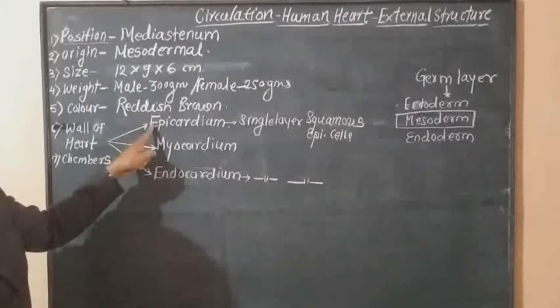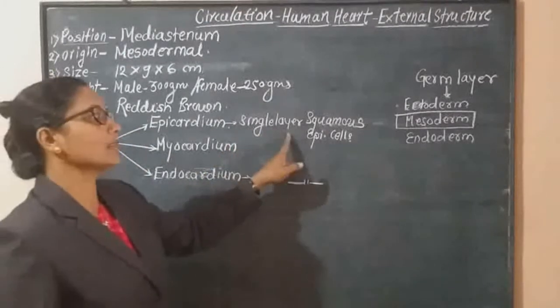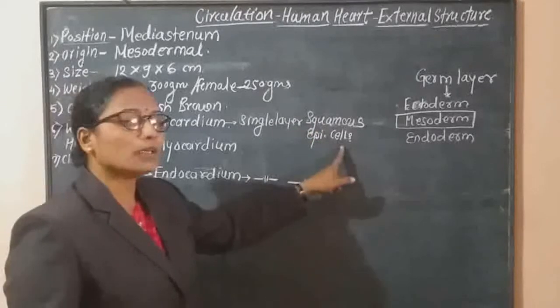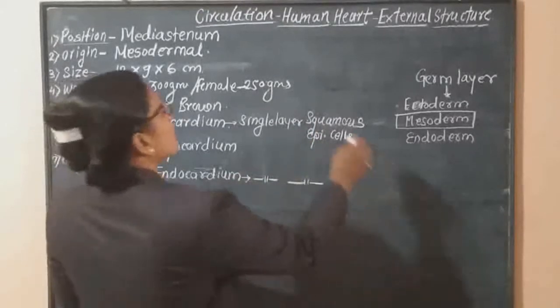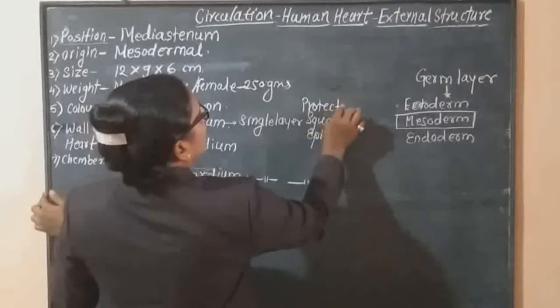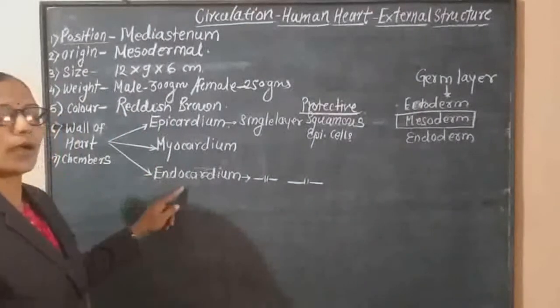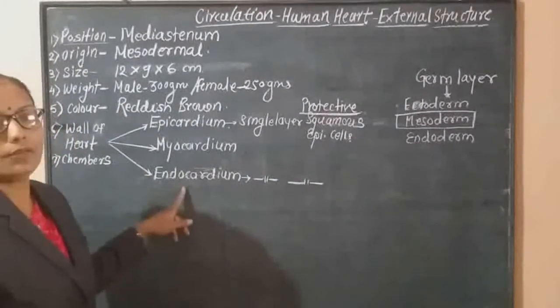Means epicardium and endocardium, these two are single layers made up of squamous epithelium cells, and they are protective in function. What is the function of epicardium and endocardium? They are protective in function.